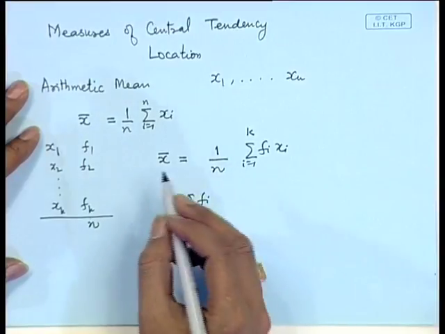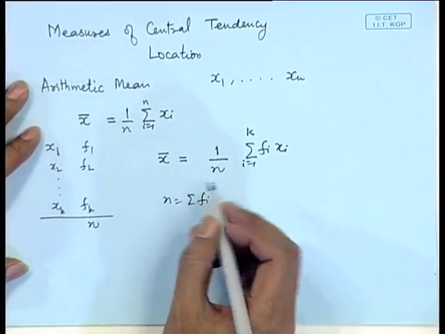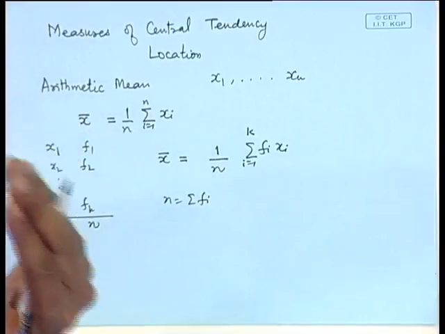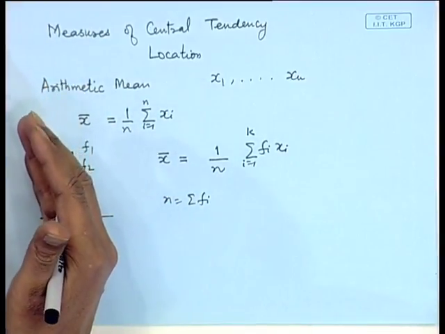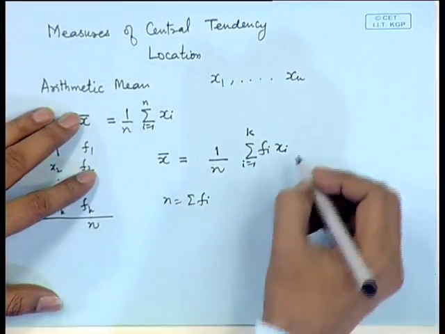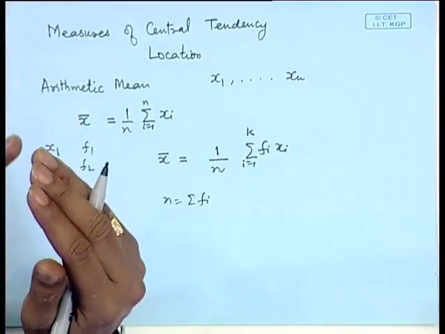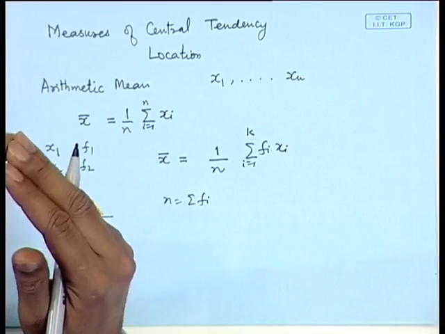If you have class intervals, then obviously on the left side you do not have single values of x i's. The technique used is that one takes the mid value of the class interval and calls that x i.